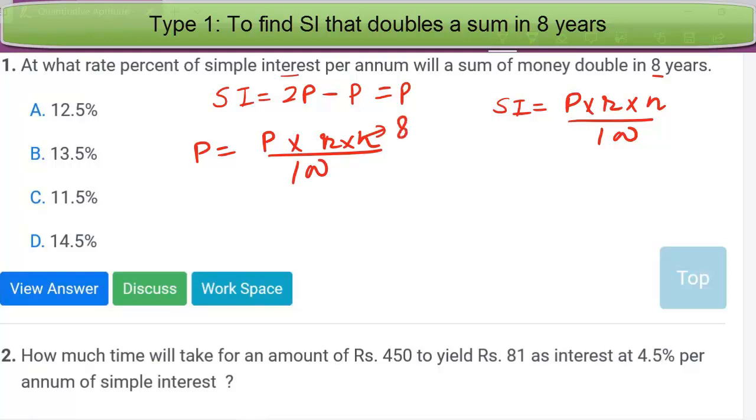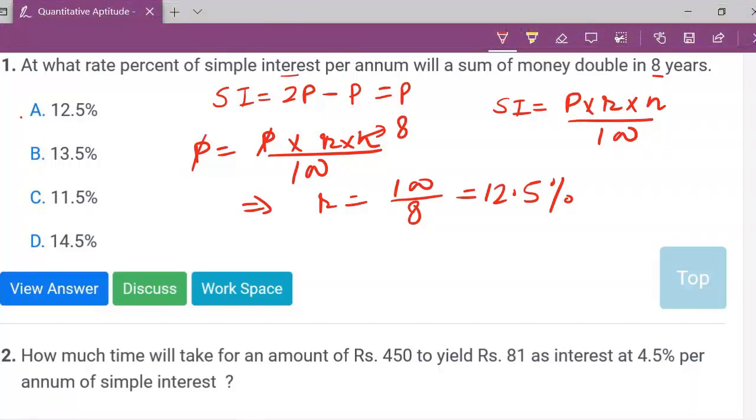Okay, so straight away we can find out the value of R, because this P will be cancelled out, so that will be 100 by 8, that means 12.5%. Okay, so this is the answer, 12.5%. That means option A is the answer.